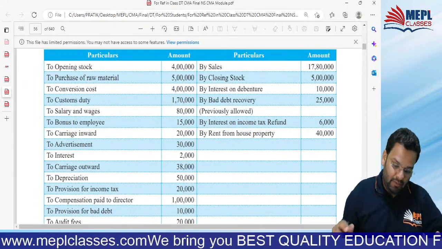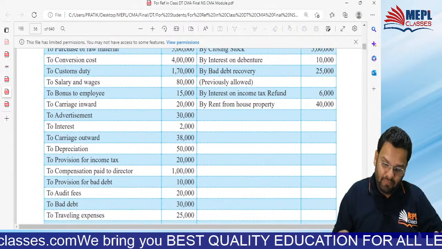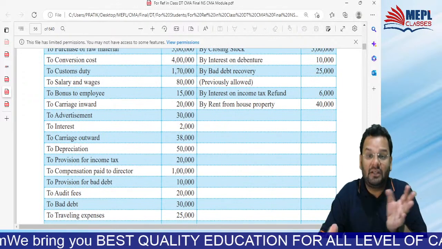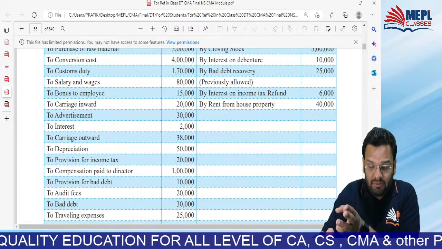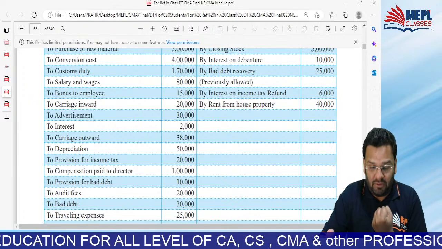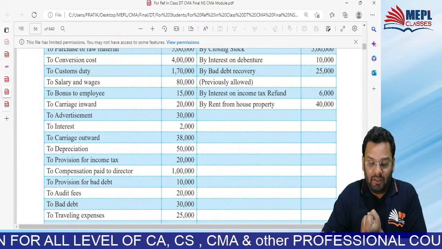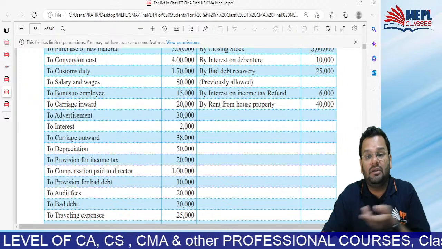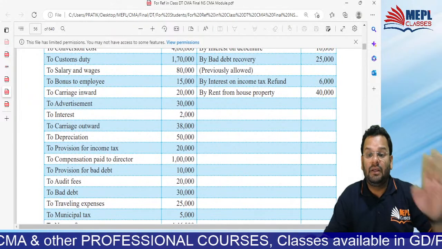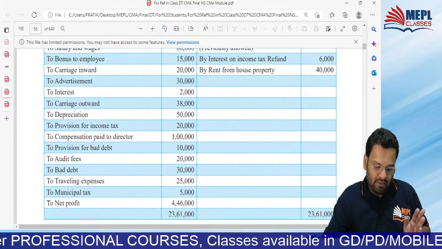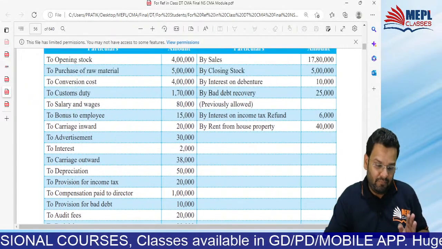Then, see, bad debt recovery is okay, because bad debt recovery is received this year, so it will be taxable. It was previously allowed as deduction, so it will be taxable now. Keep it. It is already included in the NP. There is no problem.